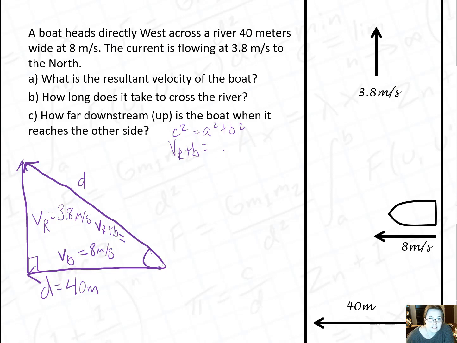So it is 8 squared plus 3.8 squared, and then we take the square root of that. So then that is 8.85 meters per second. So we can put that here.